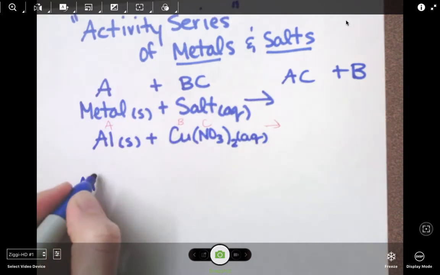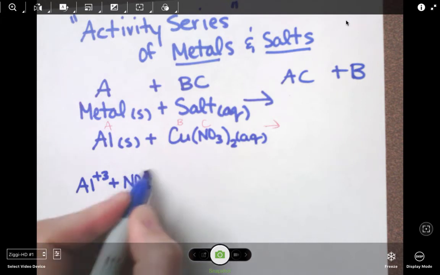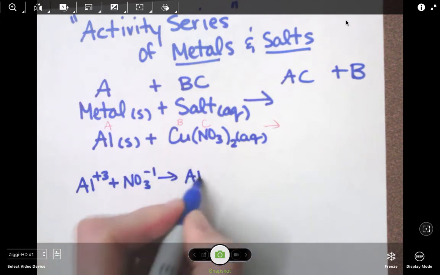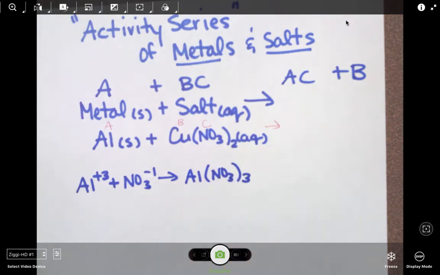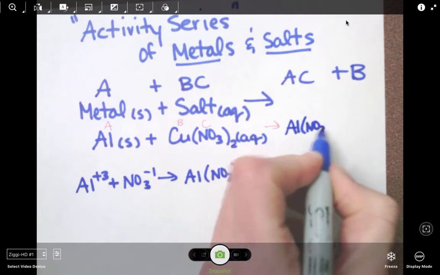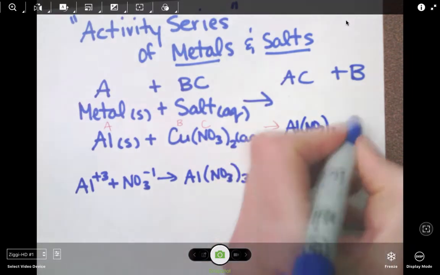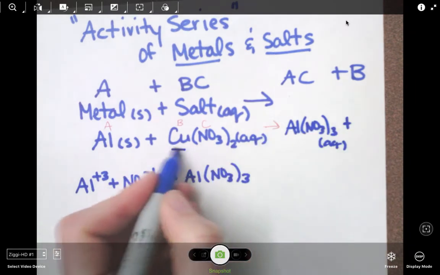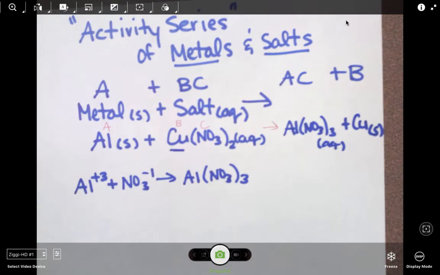I know that when aluminum becomes an ion, it takes on a +3 charge. Nitrate has a -1 charge, therefore my compound will look like that. So I'll write that over here, Al(NO3)3, and that's aqueous. And the cation from the salt ends up alone, and if it ends up alone, it ends up as a solid metal.